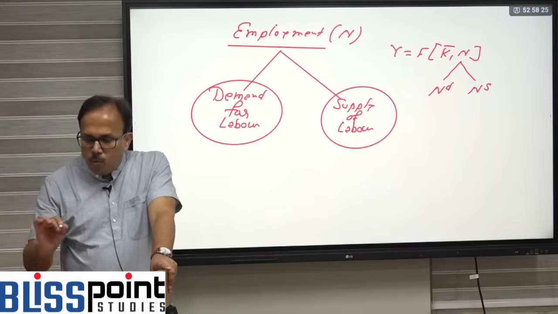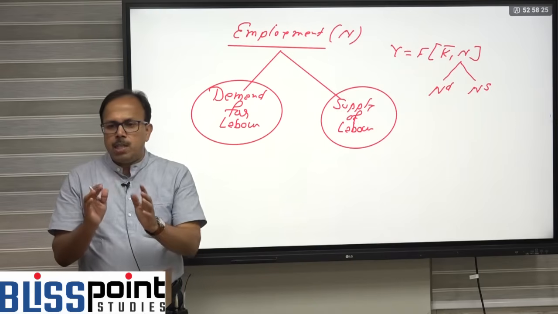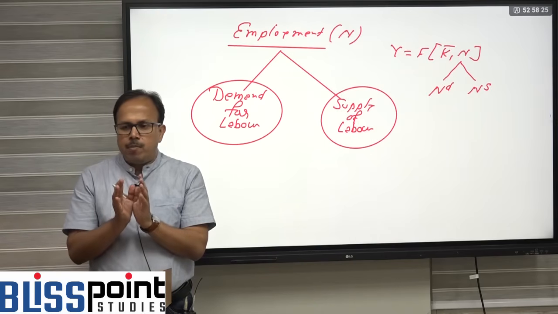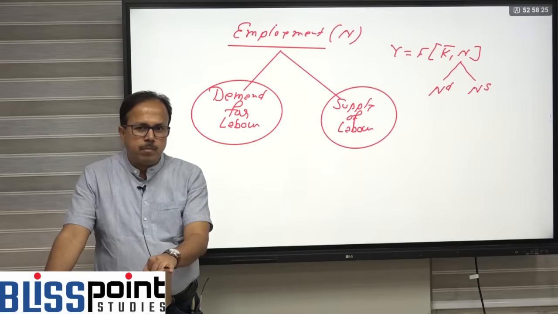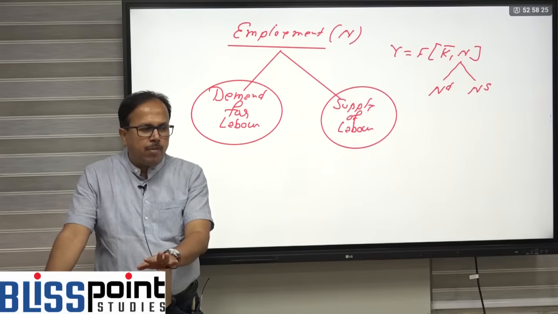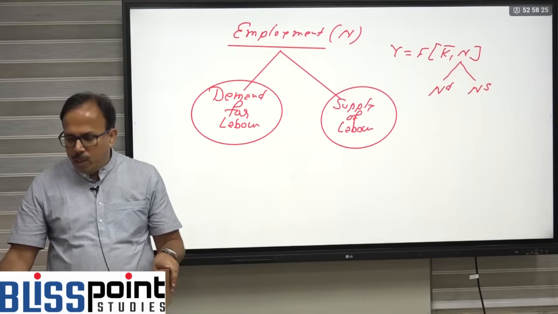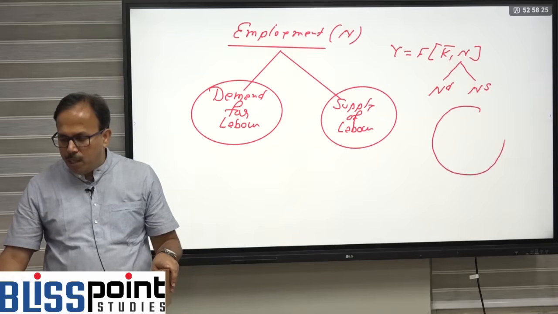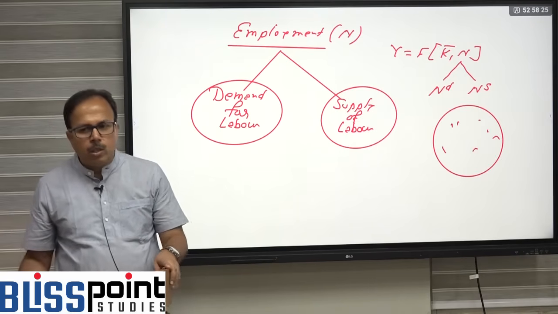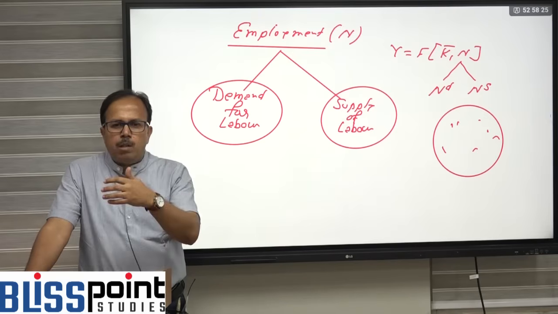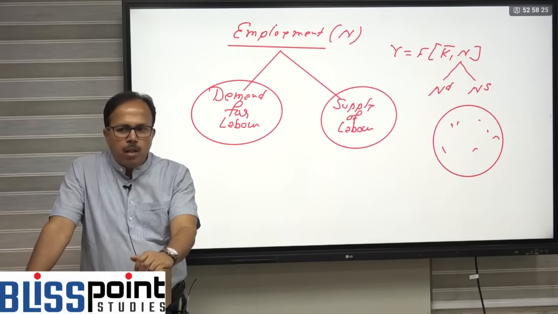Now, the classical model believes that the market is perfectly competitive, a perfectly free market. What are the features of a perfectly competitive market? A large number of producers and sellers, all producing a homogeneous product.